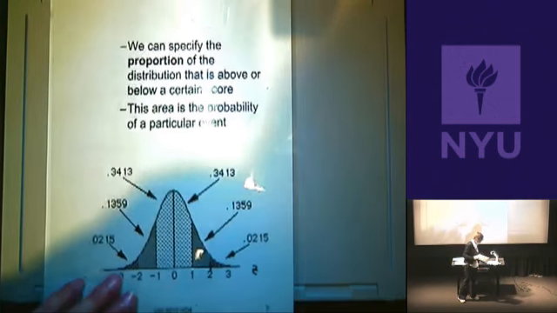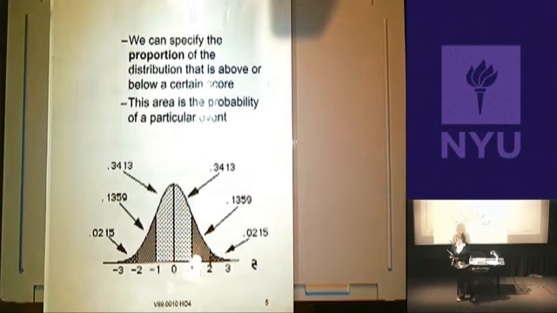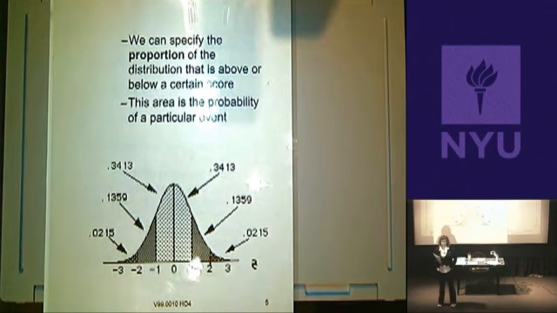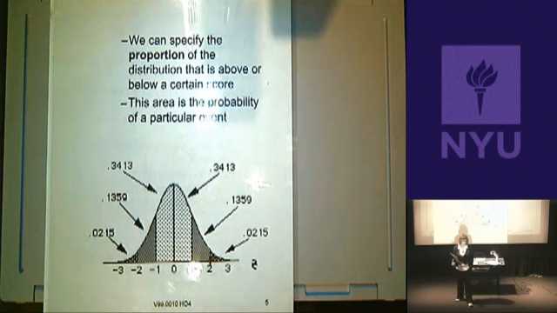Now, a normally distributed variable that has a mean of 0 and a standard deviation of 1. Okay, normally distributed, mean of 0, standard deviation of 1. That's called the standard normal distribution.